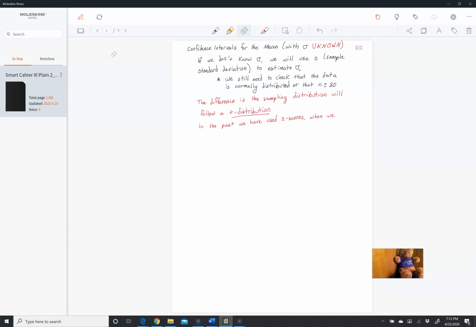When we're using sample standard deviation instead of the population standard deviation, we use t-values. Okay, so let's talk about this.